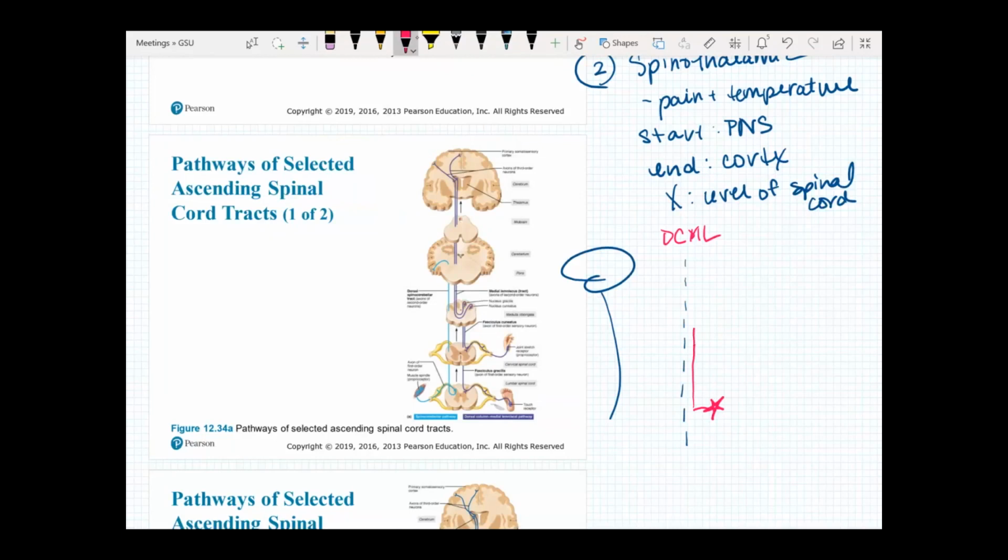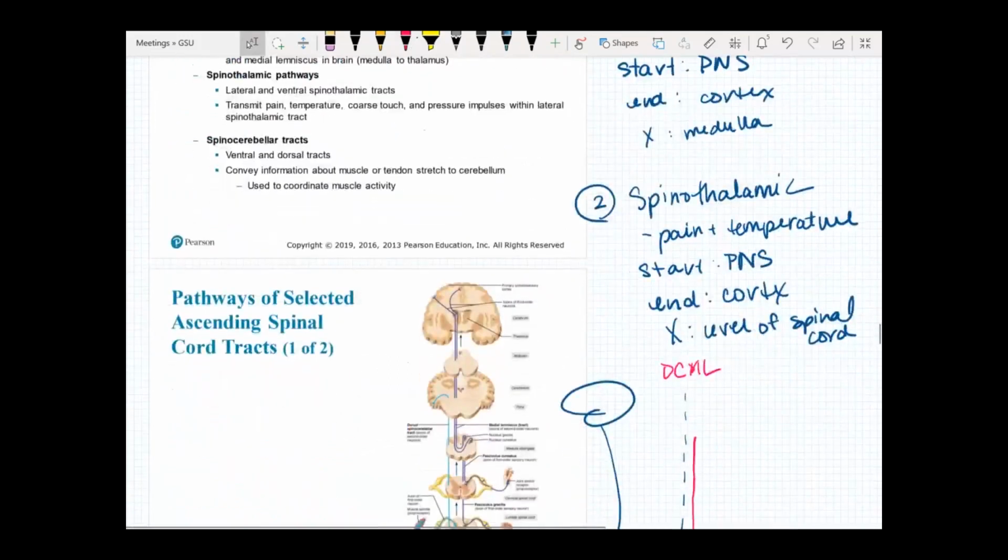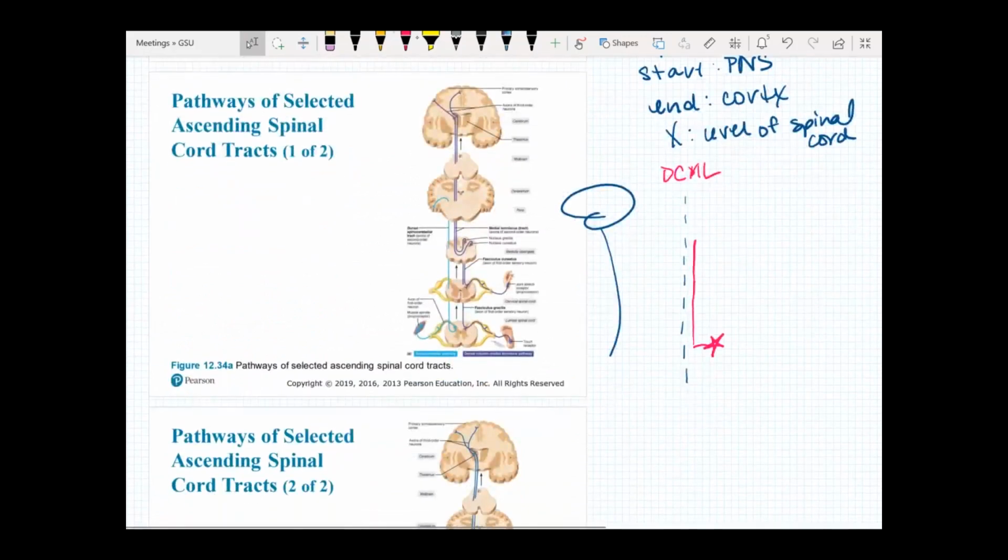up the spinal cord. And we said that the dorsal column medial lemniscus will cross at the level of the medulla. So that means it will synapse at the top of the spinal column, in the medulla oblongata. And when it crosses in the medulla, this is where it crosses to the other side of the body.